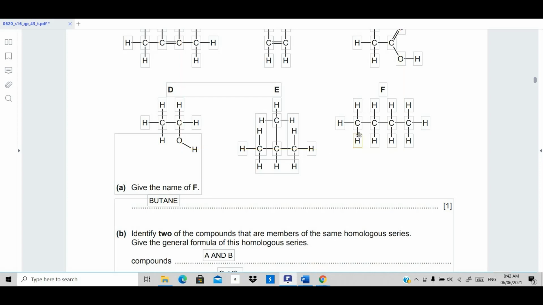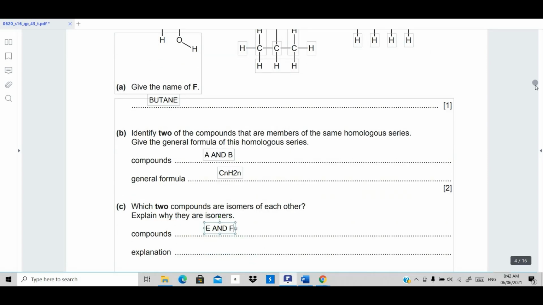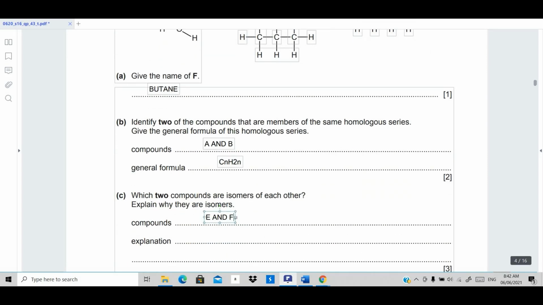In F there is a carbon straight chain, but in E, there are three carbon atoms in a single chain, and the fourth carbon atom is bonded to the middle carbon atom. So we can say they have the same molecular formula, but their structural formula is different. This is the reason why compounds E and F are named as isomers of each other.